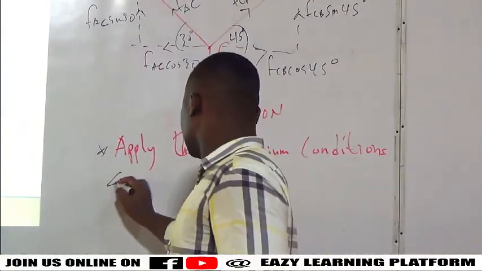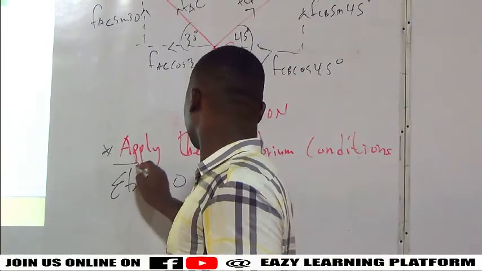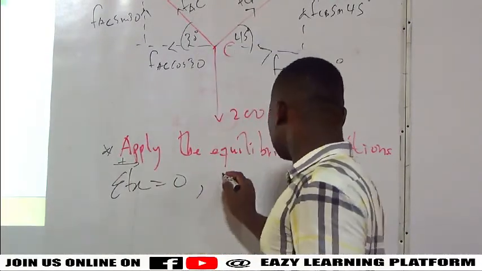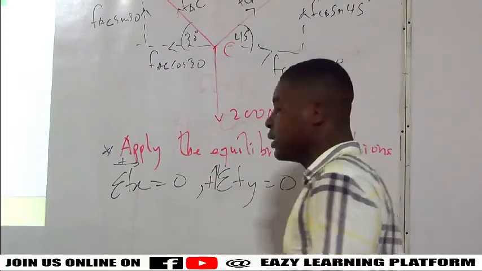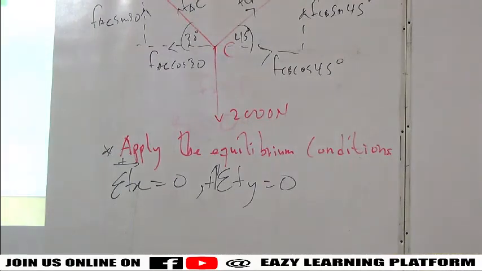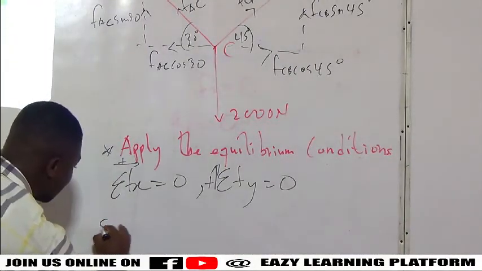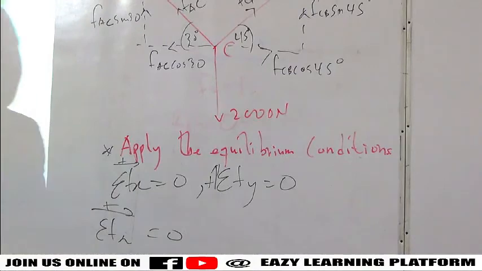Sum of forces in the x direction should be equal to 0, and sum of forces in the y direction should be equal to what? 0. Two equilibrium conditions are going to be applied. So we have sigma Fx should be equal to 0.